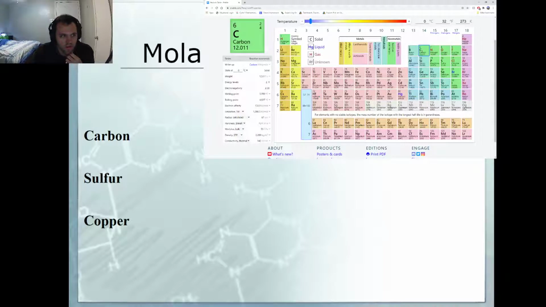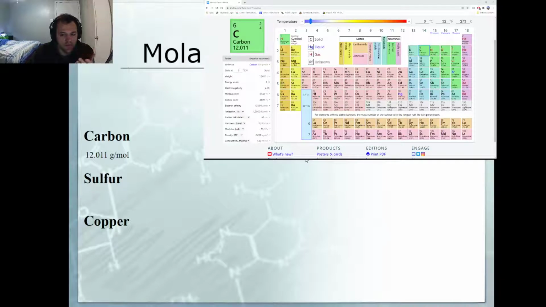So if we're looking for carbon, we're looking right here, and find its atomic mass, which is this number on the bottom that tells us how many protons and neutrons the average carbon atom is going to have. So if that's its atomic mass, that's how much 1 mole of it is going to weigh. So the molar mass of carbon is 12.011 grams per mole.